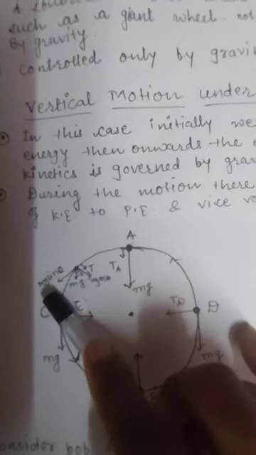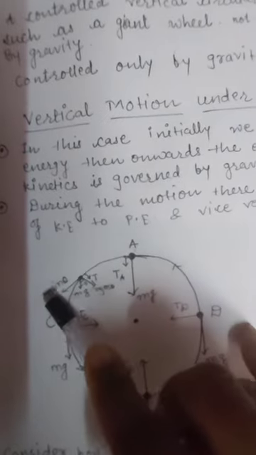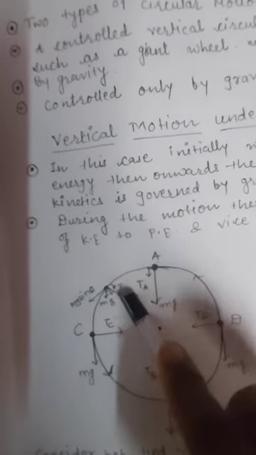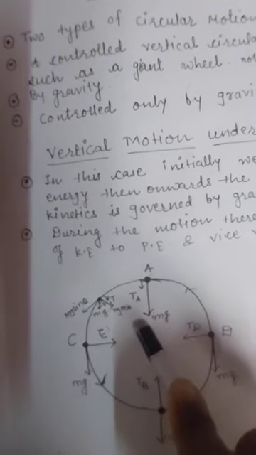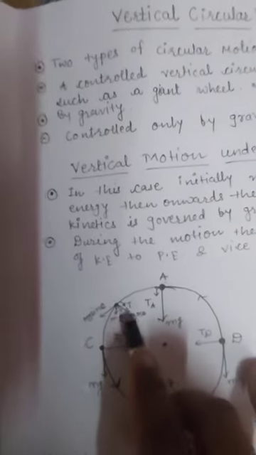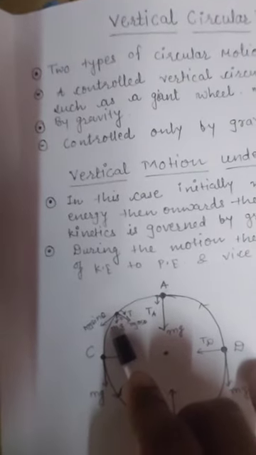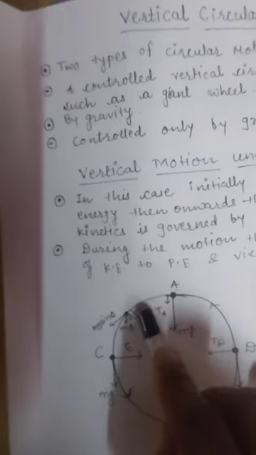So at that time, it is the tangential component of the mg that acts. This tangential component of the mg will help to change the speed, while the tension is acting towards the center, as the centripetal force, while mg is not always perpendicular to the tension.